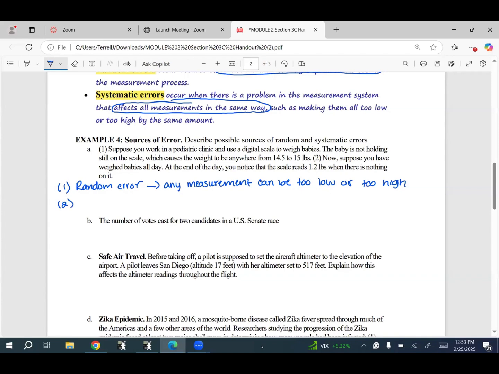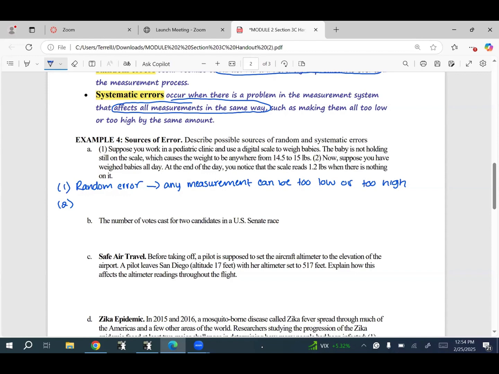And let's look at the second part 2. Now suppose you have weighed babies all day. At the end of the day, you notice that the scale reads 1.2 pounds when there is nothing on it. So we want to figure out what kind of error is going on here. Well, if the scale weighs 1.2 pounds when there's no object on the scale, that means every time you've put a baby on the scale, that baby's weight automatically has increased by 1.2 pounds, right?